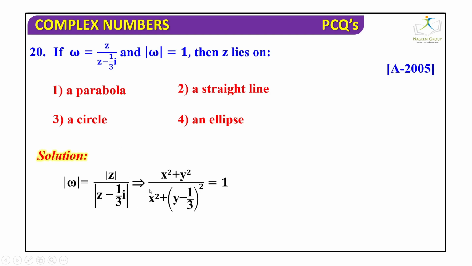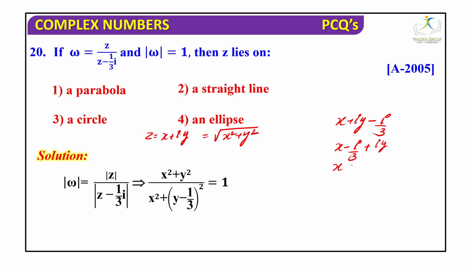From here we find out the value of z, which will be x plus iota y. Right. So you will get under root of x square plus y square. Right. And here we have z minus 1 by 3 iota. So this will be x plus iota y minus iota by 3, meaning x plus iota into y minus 1 by 3. From here x, then take iota common, it will be y minus 1 by 3. So here we are taking x square plus y minus 1 by 3 whole square. And here we see the value is equals to 1.